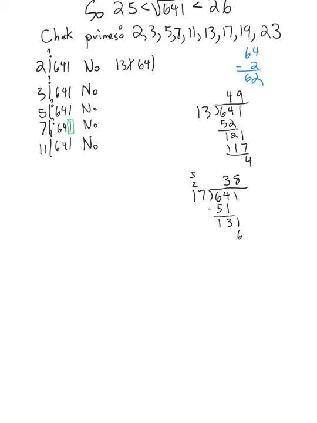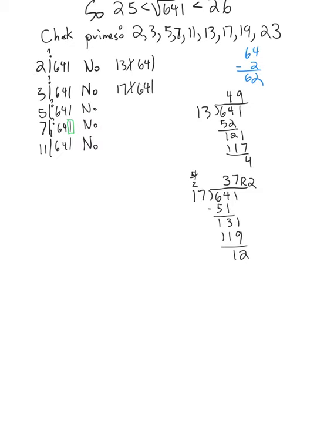Carry your 5. That's 13. That's too big. It's going to be one less than that. But you can already see we get a remainder of minus 5. So the remainder when we divide 131 is not going to be 0. So it's 49. So 4 here instead. 11, subtract, we get 12. So 17 isn't a factor of 641.